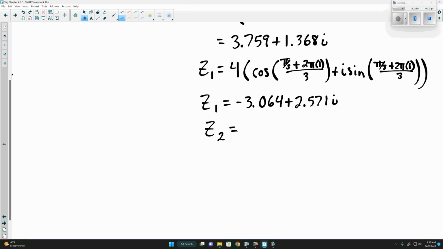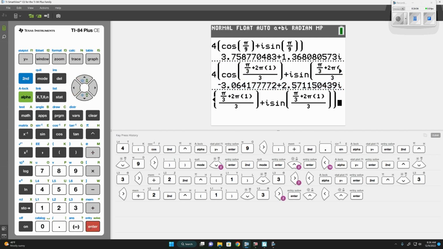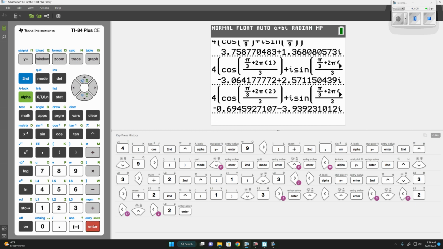And at this point here, especially on the homework, I'm not going to make you rewrite every single one of these out. Because what we can do here is now that I have that typed in, I can come back and reselect this. Because the only difference in form from one to the next is that K changes. So really just changing those two numbers from 1 to 2, enter, and there's our last answer.